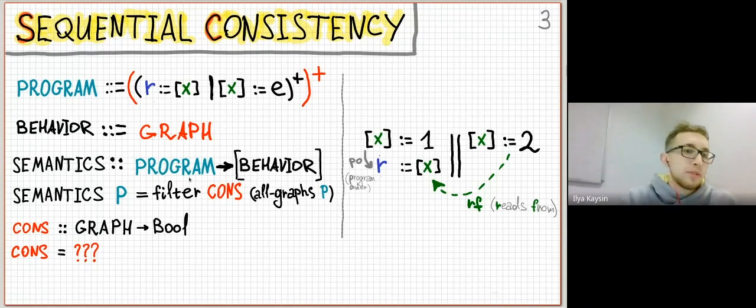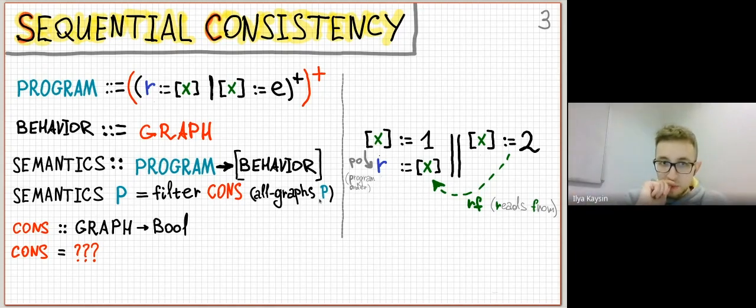So then we can define semantics in a slightly different manner. Instead of defining it operationally, like an algorithm that would go step by step, execute instructions, maintain registers, let's define it axiomatically. Let's take our program P as an input and produce all possible graphs of this program.